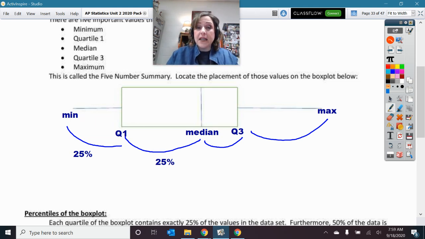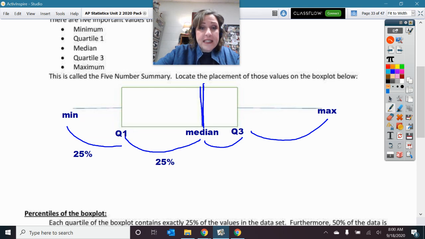Now, let's address why this median is not located right in the center when I told you that that is the center of the data. We need to pay attention to the number of items, how many pieces of data. It is the middle item. So if this was 20, then this is after the 10th piece of data.